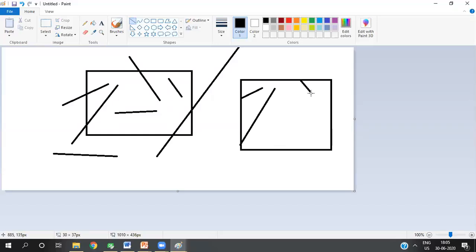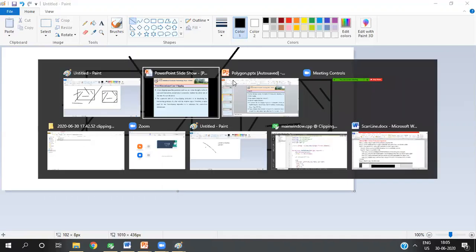Lines that are already inside get displayed, there is no issue for those lines. This is before clipping and this is after clipping. If you observe, the line is cut, cut, cut like this. This is the concept of line clipping.